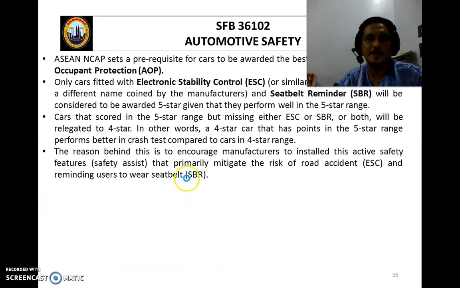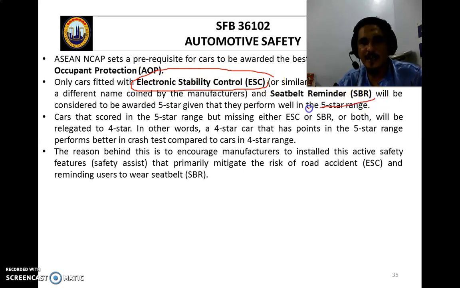Back to the prerequisite of the NCAP: only a car that has ESC, electronic stability control, and a seat belt reminder will get the 5-star rating. These two parts are considered prerequisites for safety.